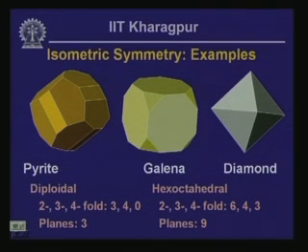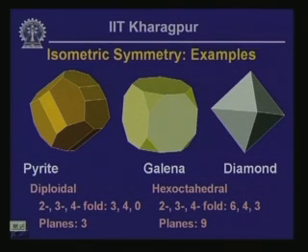Pyrite is on the left of this particular slide, and this type of mineral is, as I mentioned, of the isometric class, and the subcategory within the isometric class is diploidal. Now, pyrite has 2, 3 and 4-fold symmetries. The number of 2-fold axes is 3, the number of 3-fold axes is 4, and the number of 4-fold axes in this case is 0.